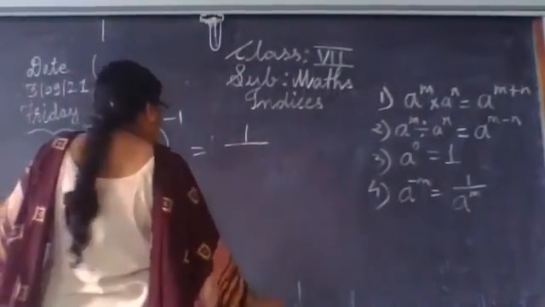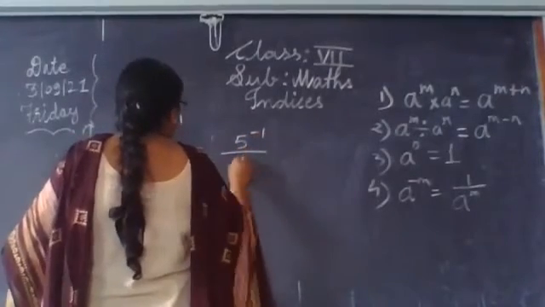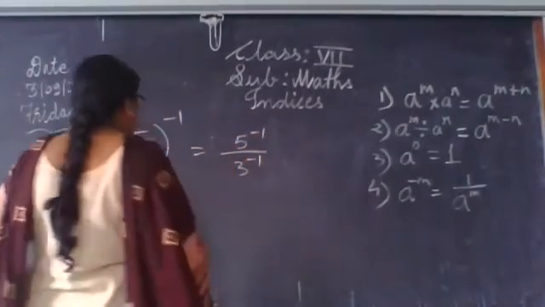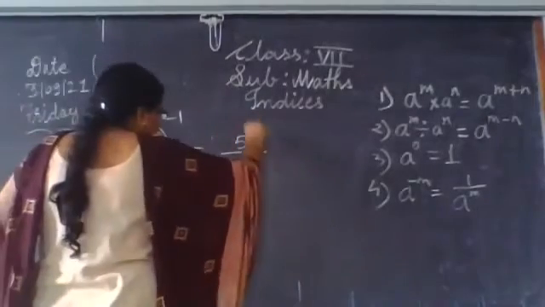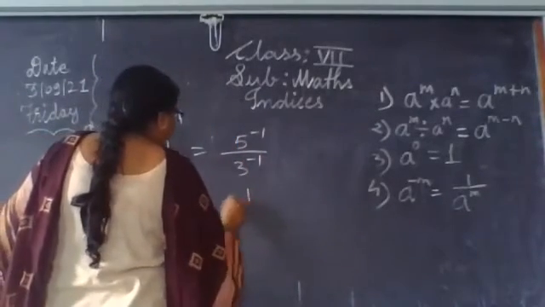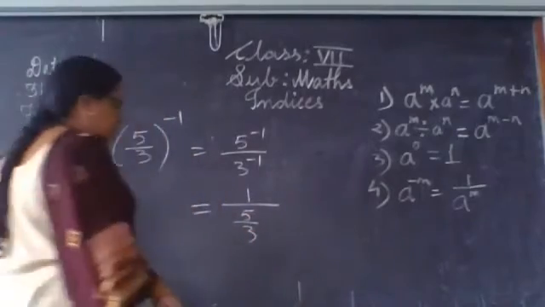See, what is the meaning of this? This power is minus 1. Now you have to divide all this fraction, 1 upon 5 upon 3.